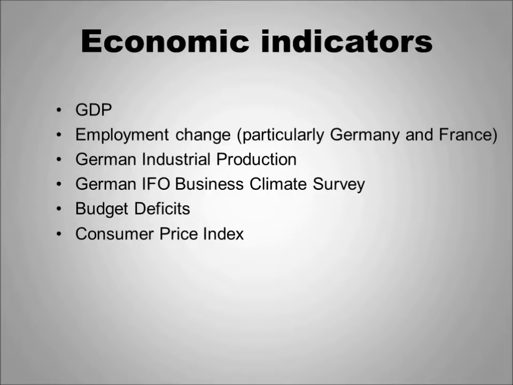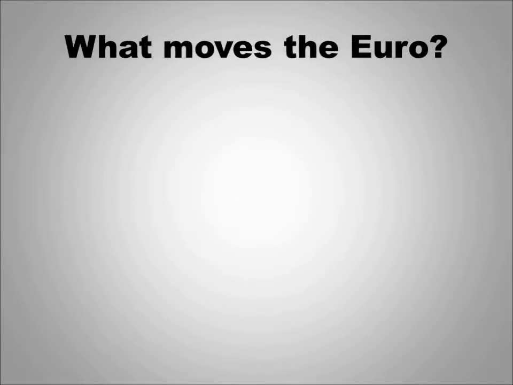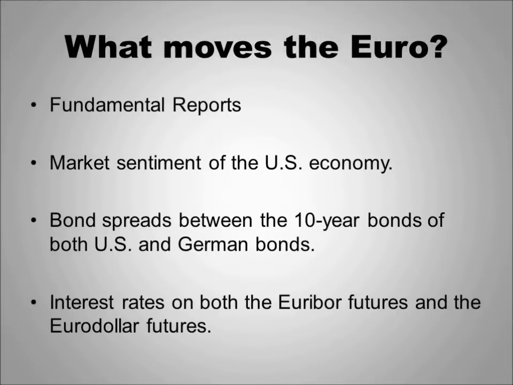Okay, so let's talk about what moves the euro. Well, fundamental reports have a profound impact on the euro, as well as the sentiment of the US economy. So again, we're talking about information from the United States that can affect what happens in Europe as well. Bond spreads between the 10-year bonds of both US and German bonds.